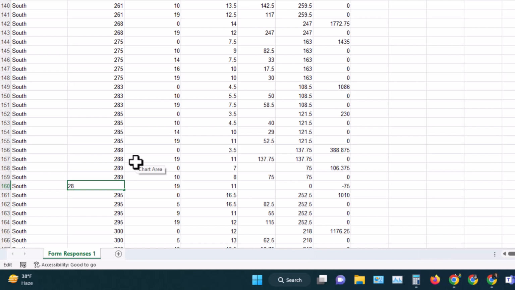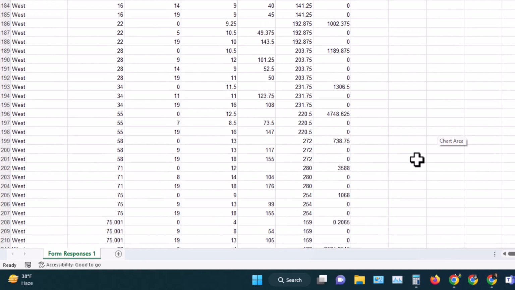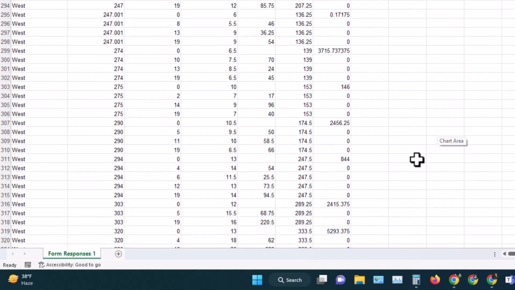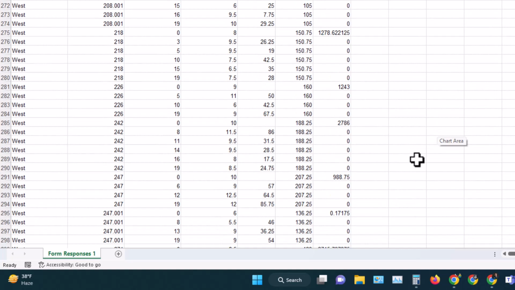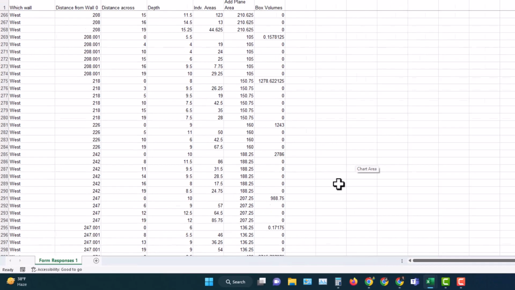It's possible we went backwards and added a 287 after the 288, but we'll just work with that and we'll have 149 cubic inches, which, like I said, in the grand scheme of the volume of concrete here, it's not that much. All right, so now we have the volume of all these little boxes.